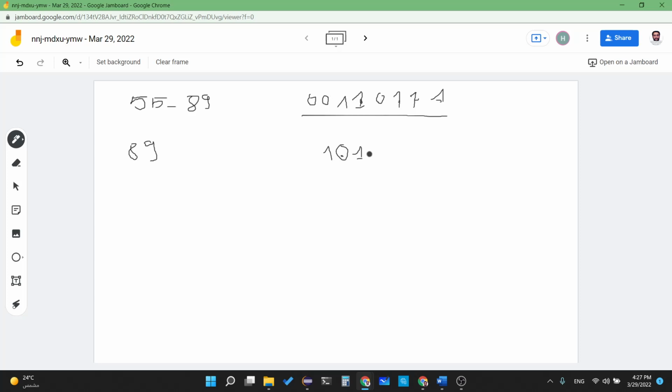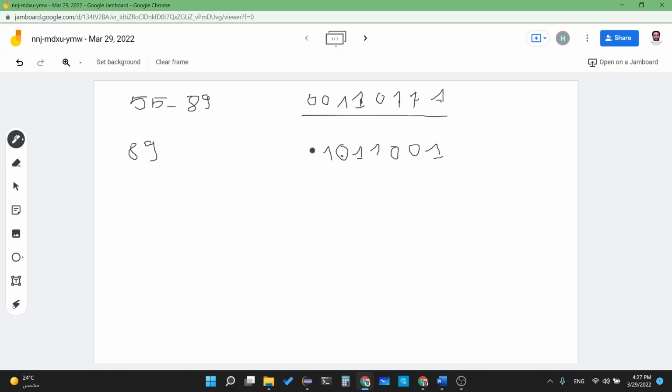So we need the 9, so we need 8 here, and then 0, 0, and 1. Is it clear? Is it clear how I found the binary representation? Yes, sir. Yes, it's clear.